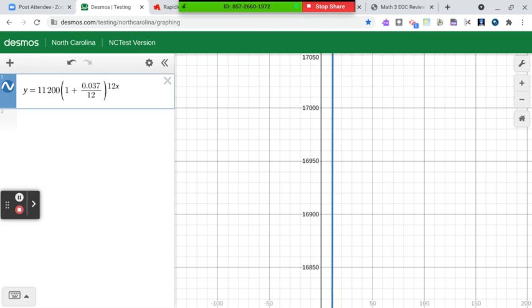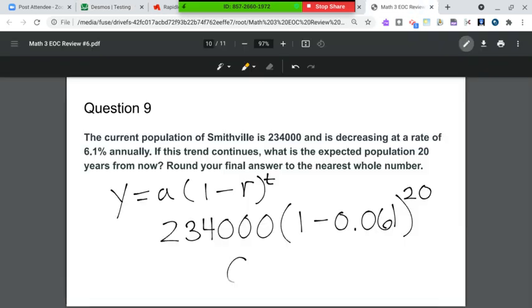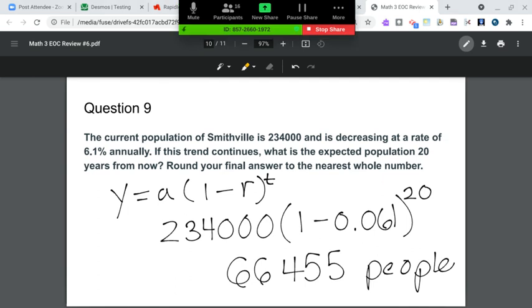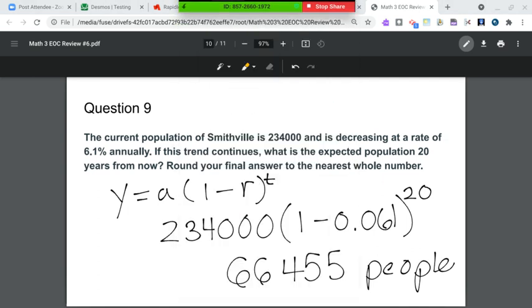We go over to our beautiful tool, also known as Desmos. 234,000 times 1 minus 0.061 to the power of 20 gives 66,455 people. That will be our population after 20 years with that rate of decay.